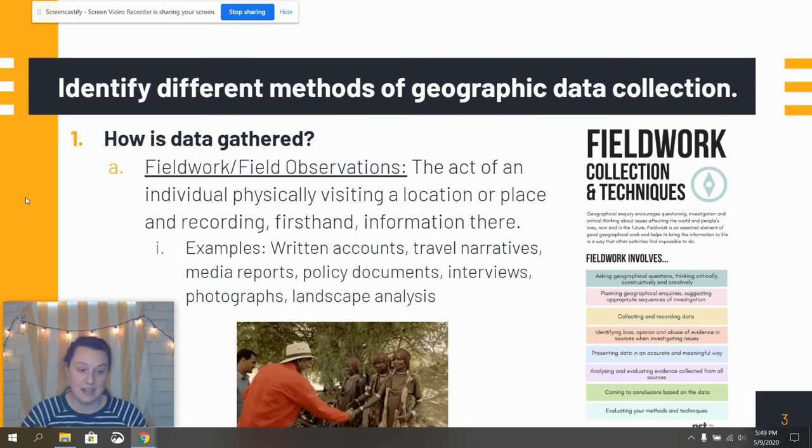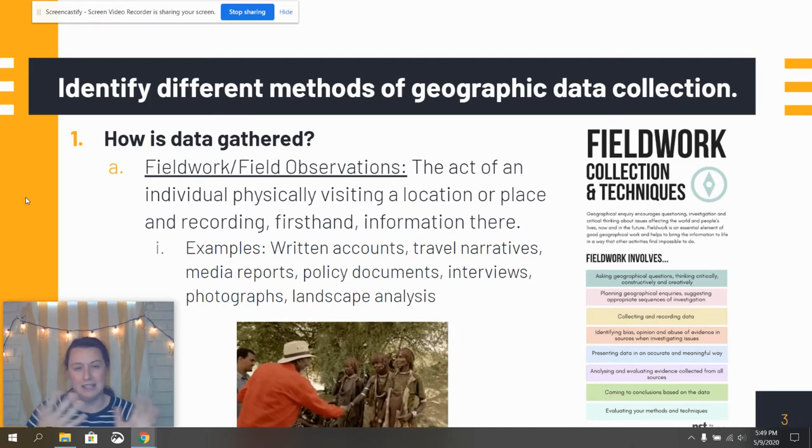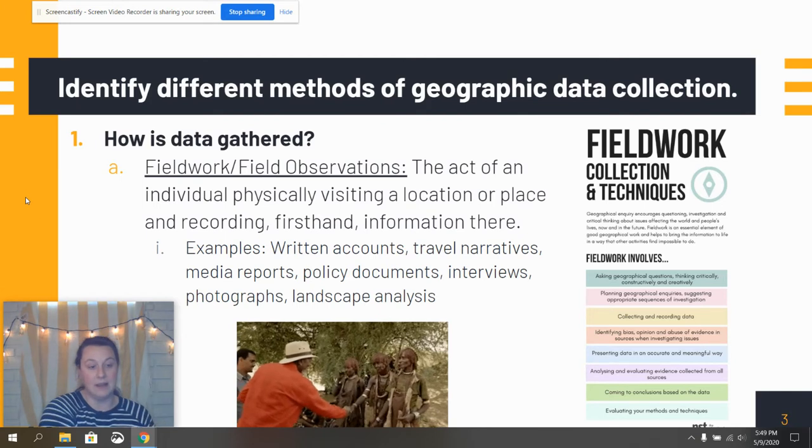Present your data in an accurate and meaningful way, analyze and evaluate that evidence and that data, and then eventually come to conclusions based on that data. So very much like a historic inquiry, when you take a bunch of primary sources, you examine your biases and the biases of the sources, and then come to a conclusion about a historic event or topic. It's the same thing for geography, except it's not historic.